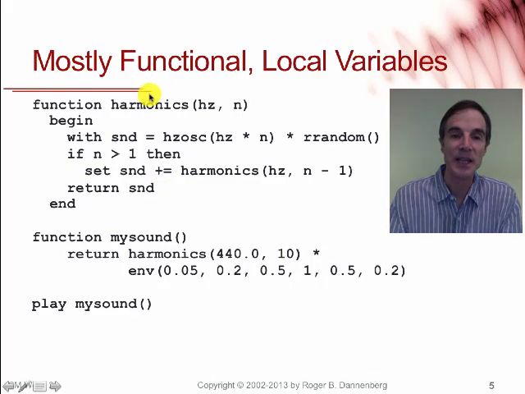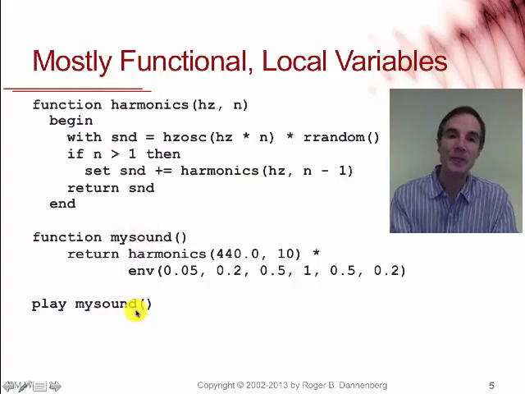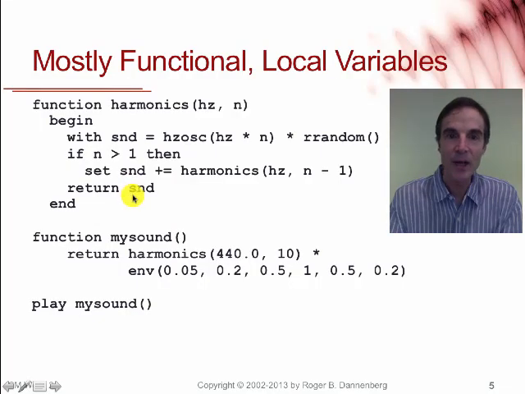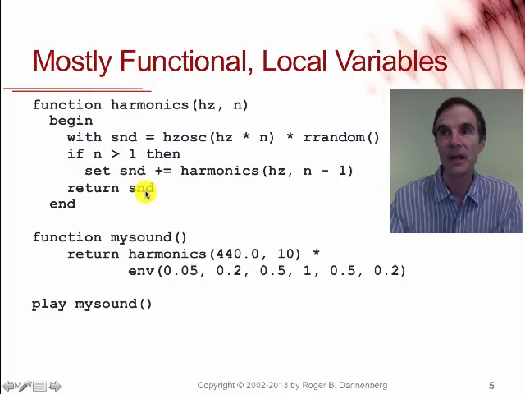My sound is the same as before, play works as before, and because there's no global variable, what happens is, yes, we're using a variable, but we're not actually evaluating any samples, computing samples, so there's nothing to be retained by SND. Once harmonics returns, which down here, we get the result from harmonics.